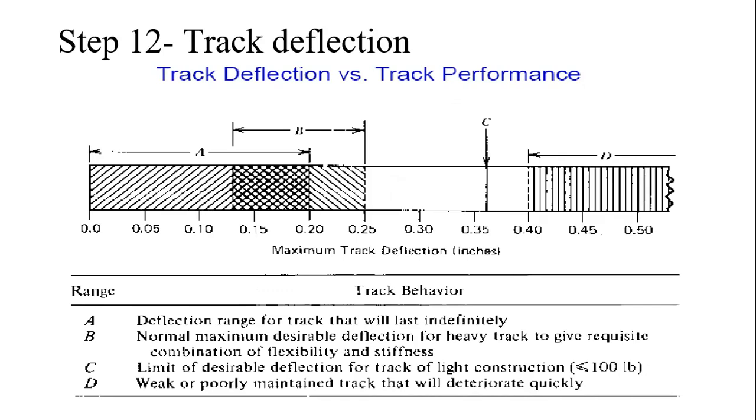If any track system has deflection past 0.36, it means it has already failed. A deflection value on any track below 0.36 doesn't represent a good picture. And if it is in the zone of 0.40 to 0.5 and above, then it's a poorly maintained track and is likely to deteriorate quickly.